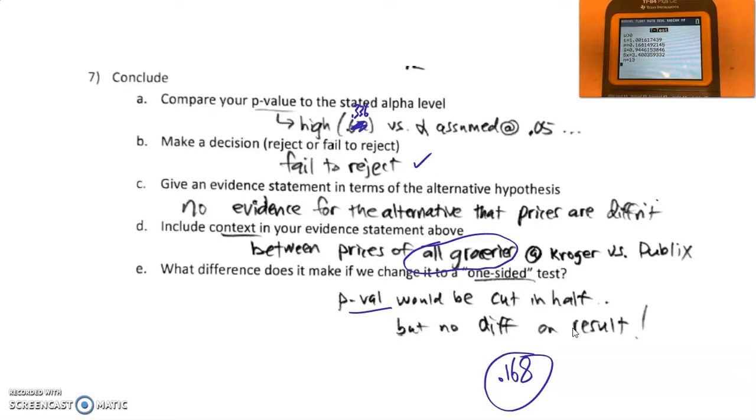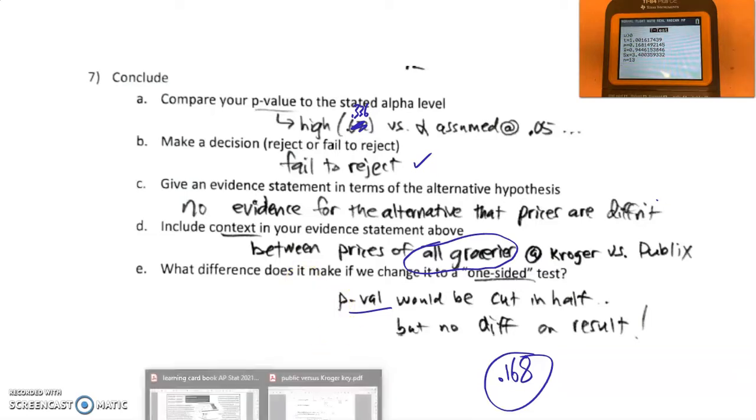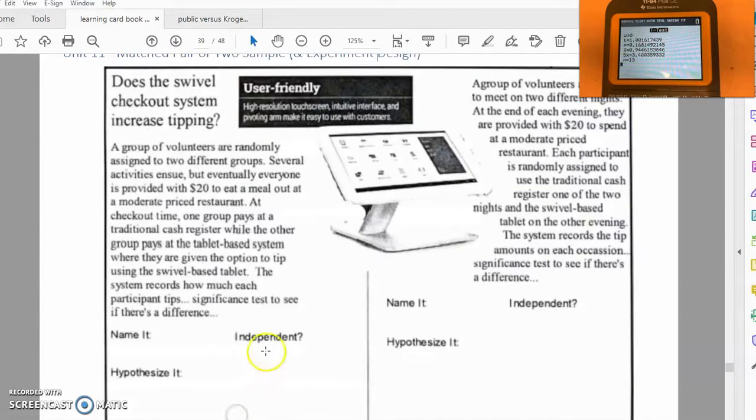Your assignment from here is to take a look at this other, well, no, I'm sorry, it's a learning card. It's in your system, or in your book there, and I want you to read through this and decide. One of these is a two-sample significance test, and one of them is a one-sample matched pairs.